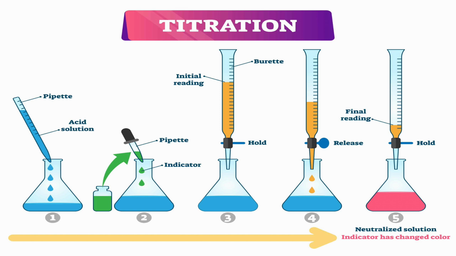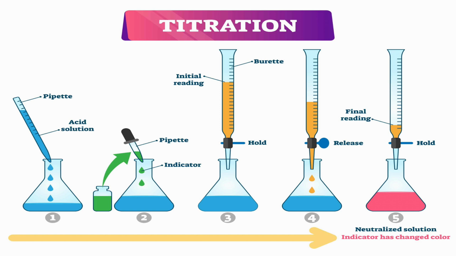So basically, in the step-by-step of titration, we pipette an analyte. Let's say the acid solution is the analyte, and then we add the indicator. The indicator will change from one condition to the other, especially when the amount of analyte and titrant is already balanced.